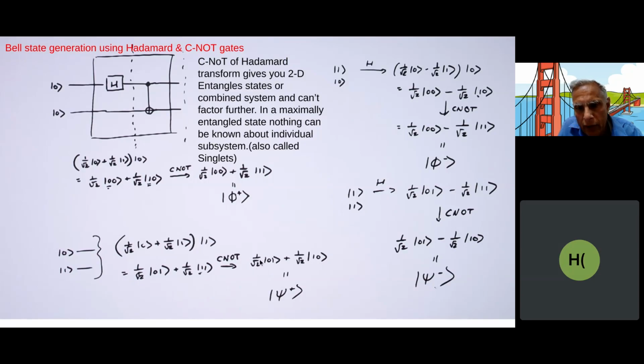So therefore you get 1 by root 2 ket 0 1 plus 1 by root 2 ket 1 0. This is represented as psi plus. Both of these have a plus in between, but this is phi plus and this is psi plus, the standard representation.